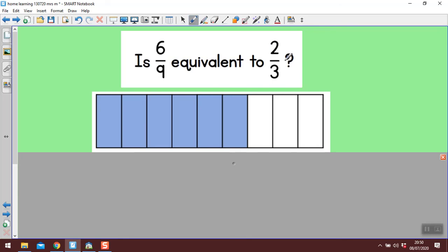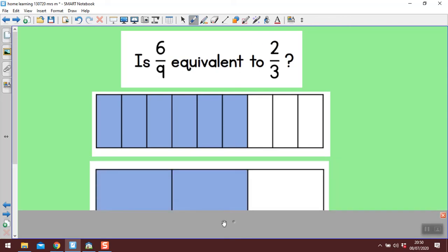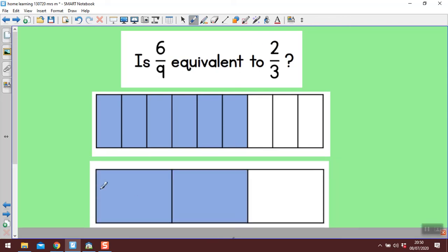If I want to compare that to 2/3, I need a bar that's the same size as that, and I need to colour in 2 of the parts. 2 out of 3 parts have been coloured in. So is 6/9 equivalent to 2/3? Yes, it is, because it's exactly the same amount that's been coloured in, and we can compare them by putting 1 really close to the one above it.